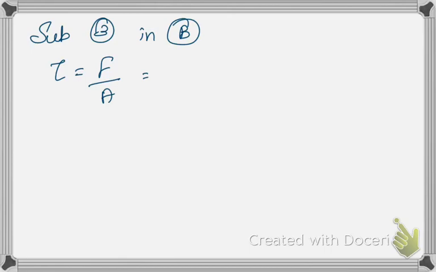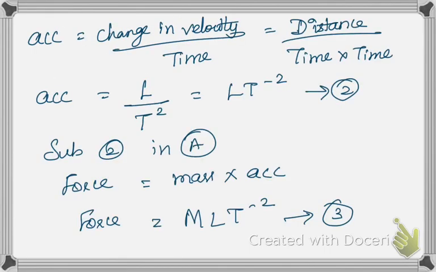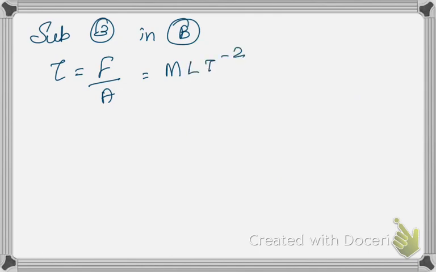So force I have derived as mass into acceleration, which is m L t power minus 2, and area we denote by meter square, right? So meter square means it is length into breadth. So it is L square.